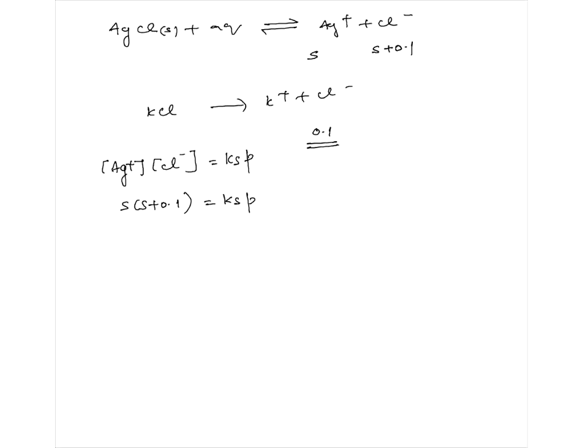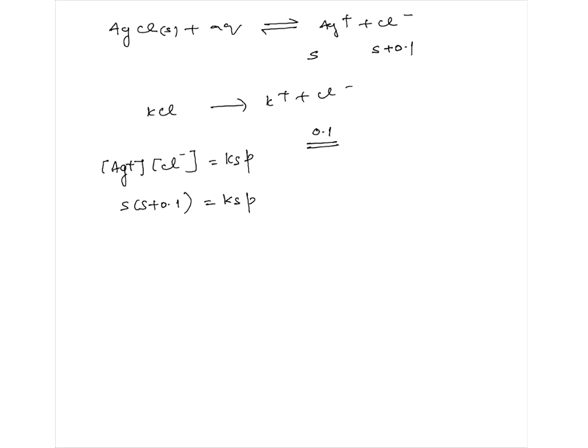Now one more point here. While doing this type of case, we make approximation if it is justified, and S is going to be normally quite small, so it can often be neglected with respect to this thing.